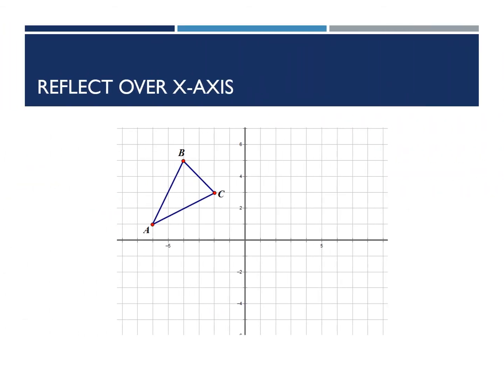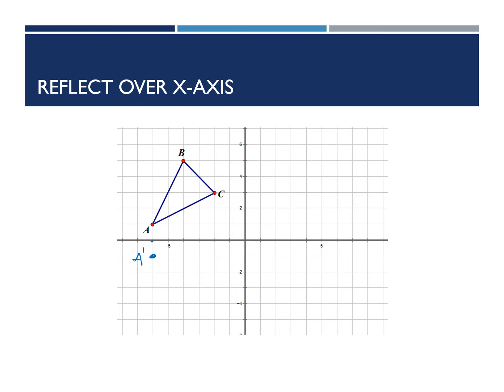If I'm going to reflect over an axis, I take point A. I can count down 1 to the x-axis, so my A prime is going to be 1 on the other side.